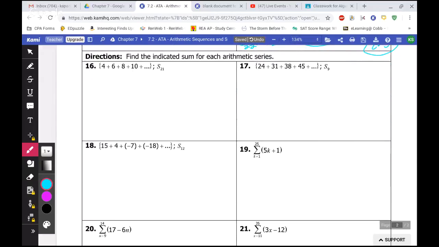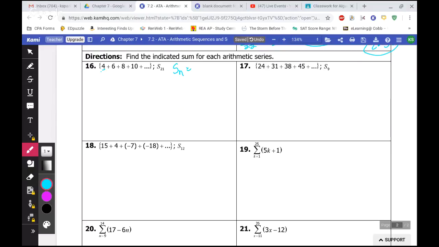All right, find the indicated sum for each arithmetic series. So what you're going to want to do is remember that the summation formula basically states that you've got to have the value of the first term and the value of the last term as part of the formula. So we know what the value of the first one is. And let me just go ahead and write that formula out just to remind us of what that formula is for you guys.